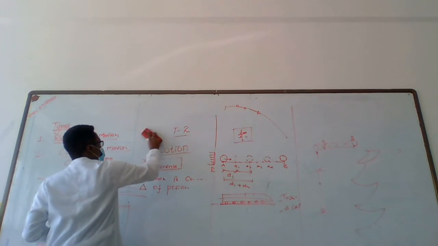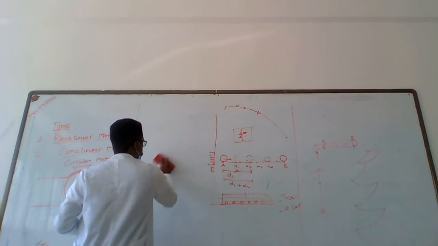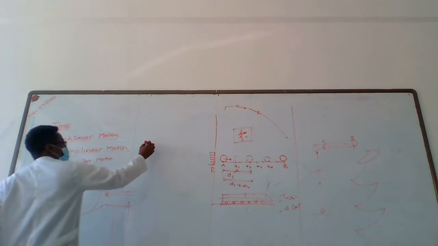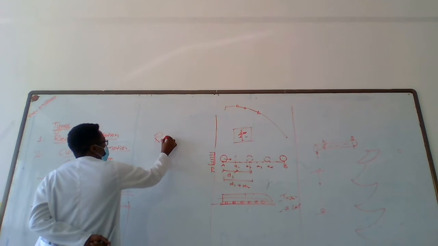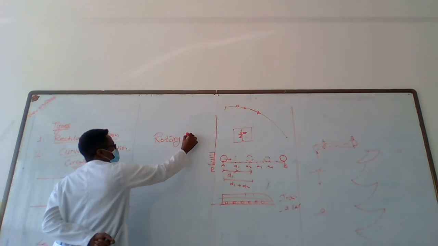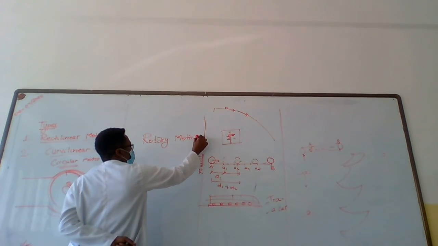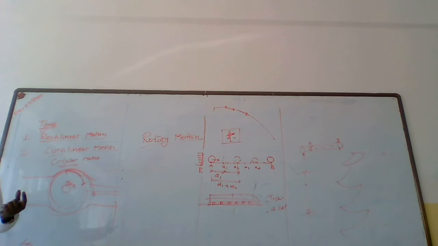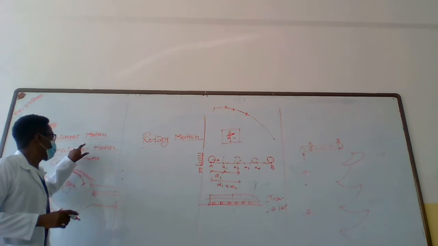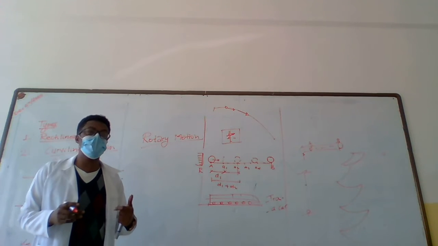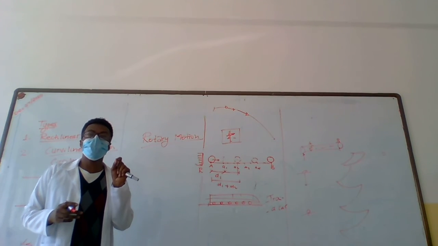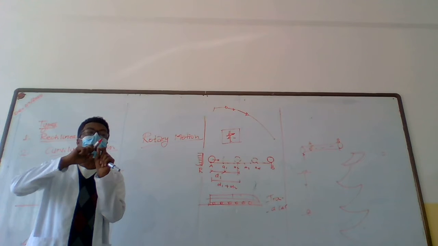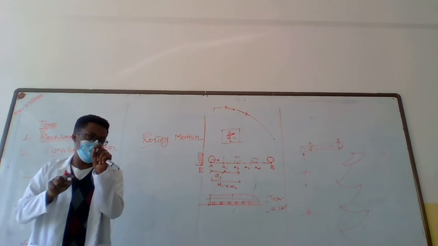And the third one is rotary motion. We call it rotary motion. Rotary motion is a motion, of course, similar to curvilinear and circular motion, but in this case the object is following a motion along a fixed axis.